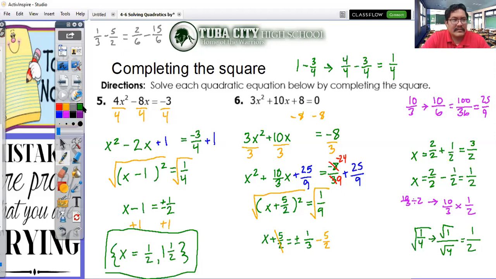Okay, where's that? Oh, there's the green color. Actually, hold on a minute. Is it 5/2 here? So wait, 5 over, divide that in half, divide that in half. Oh, okay, so it should be 5/3.